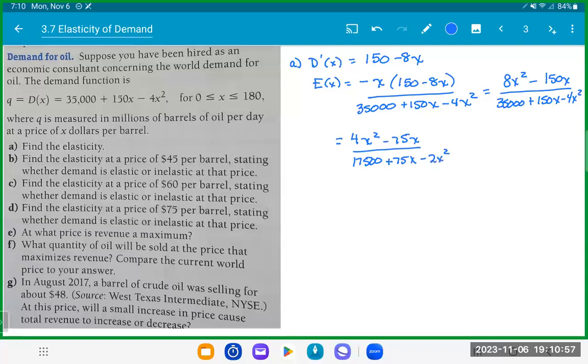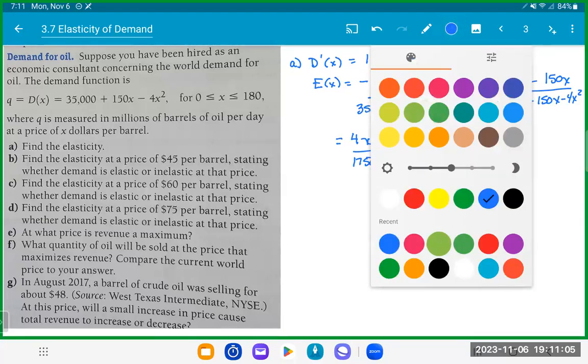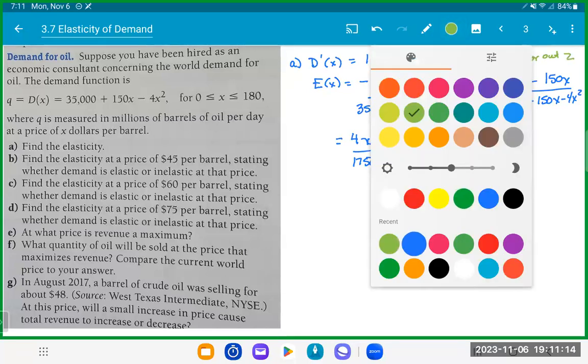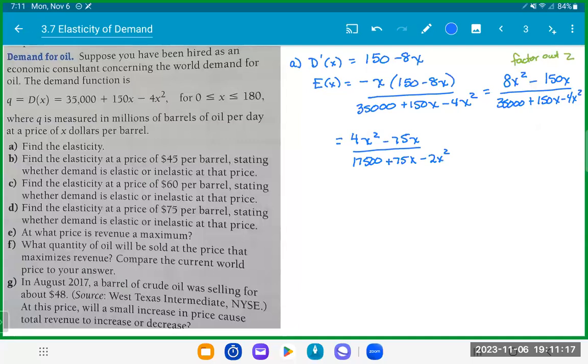So essentially, we can see that there is a factor of 2 in all of those terms. So what we did was we factored out a 2 again, right? If you are factoring it out, it has to be in all of the terms. You could have written this in one more step where you factor a 2 out and made the numerator 2 parentheses 4x squared minus 75x, and then the denominator, factor out a 2 out of all of those.